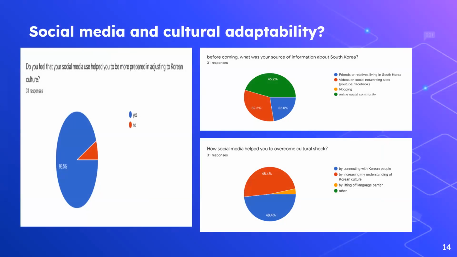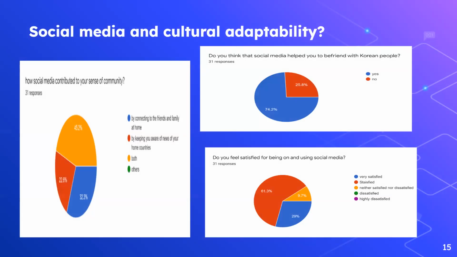A majority of participants appreciate the role of social media in their adaptability before reaching Korea. People got useful information through online communities and videos and on YouTube. After reaching it helps them to overcome culture shock by connecting them to Korean people and increasing their understanding of Korean culture.